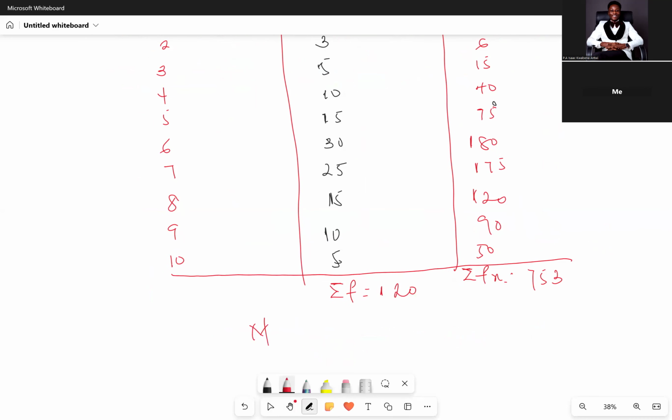So 120. Once you are done, then you write the formula: x bar is equal to sigma fx all over sigma f.